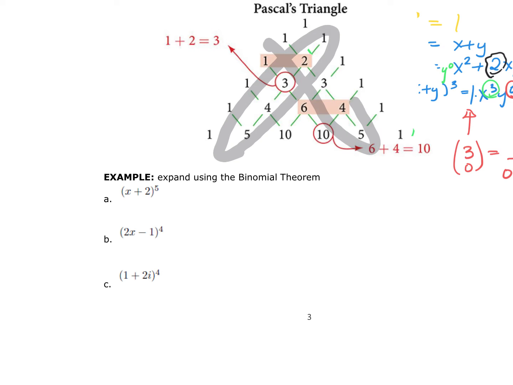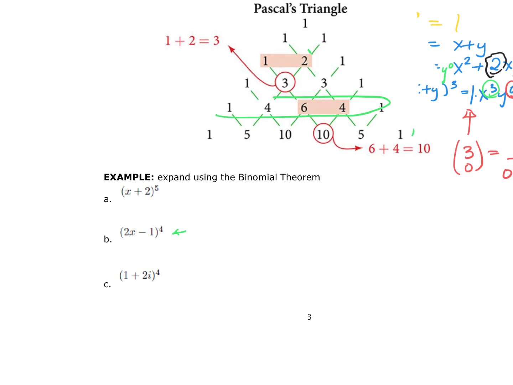Just like this goes 1, 2, 3, 4, 5, 6. That is also going to help me decide which row to choose. So if I want to do this one, x to the 4th, I'm going to use the row that has the 4 in the second position in that row. So that's the one I'm going to use. I'm not going to do that one yet, just a minute.